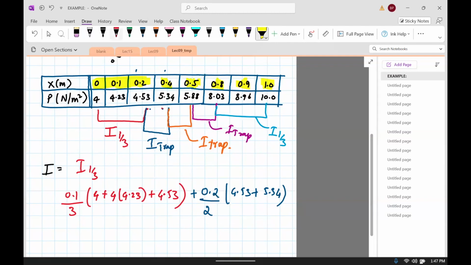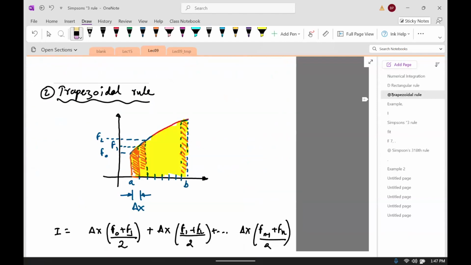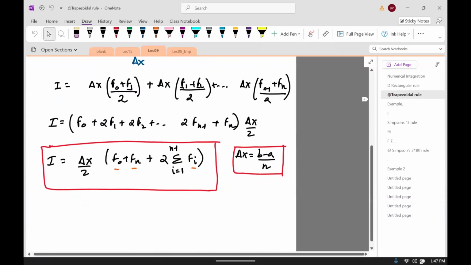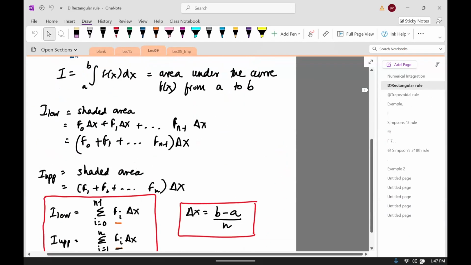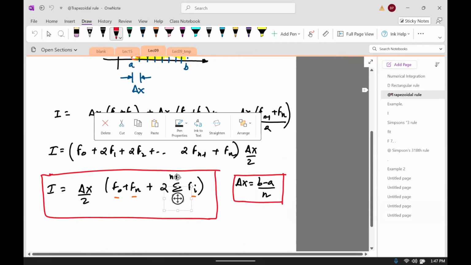But when you jump from 0.2 to 0.4, the grid size here is 0.4 minus 0.2, which is 0.2, which is not the same. And so instead of dividing by 3, we divide by 2. Yeah, because if you look at the trapezoidal rule here, the formula is half of F0 plus Fn.